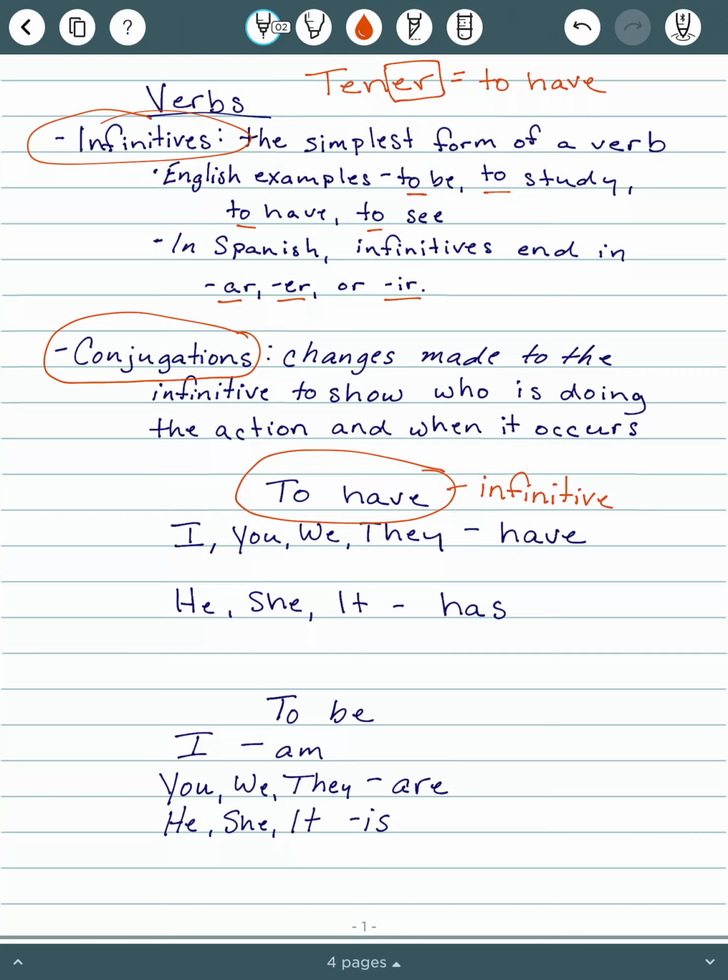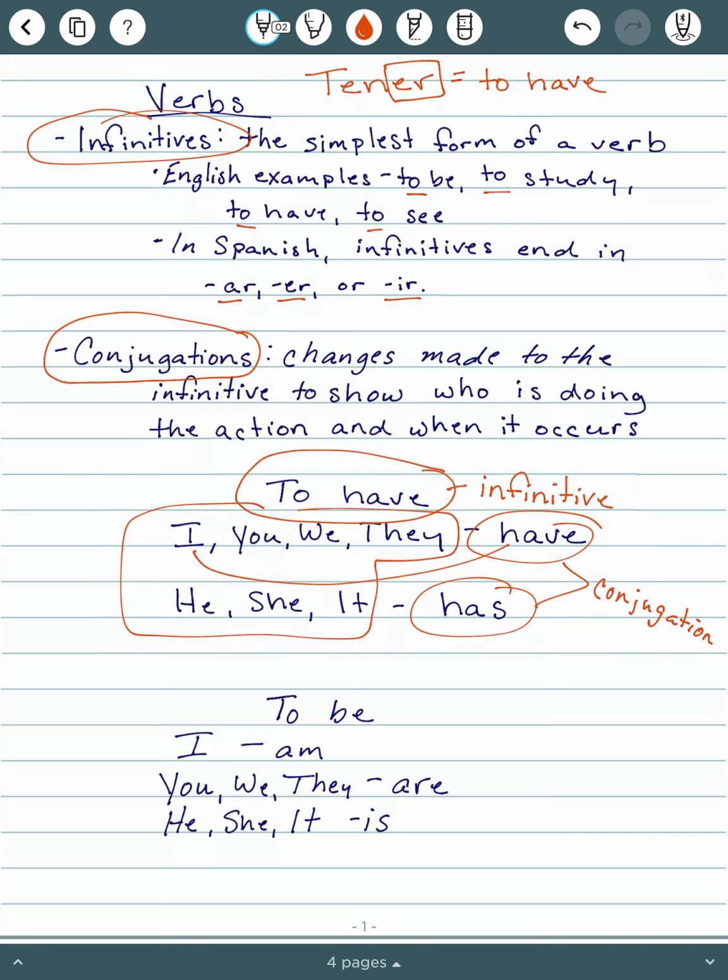And in order to come up with the correct conjugation, have or has, then we need to know our pronouns. And we know that I have, you have, we have, they have. We don't say we has. That's just not correct grammar.